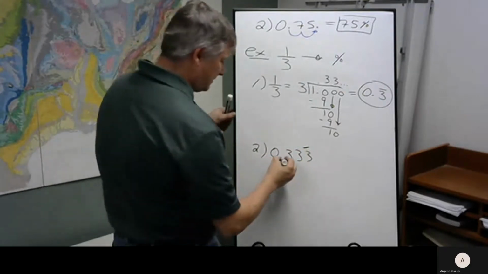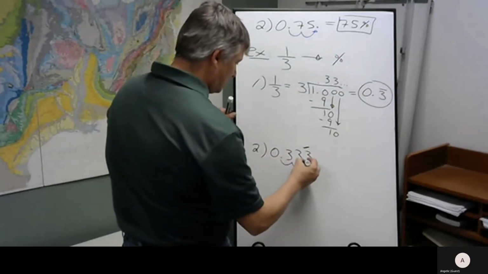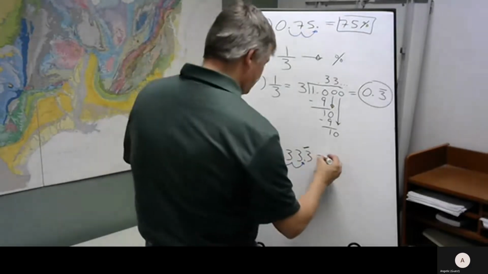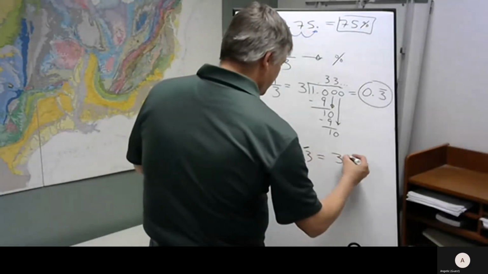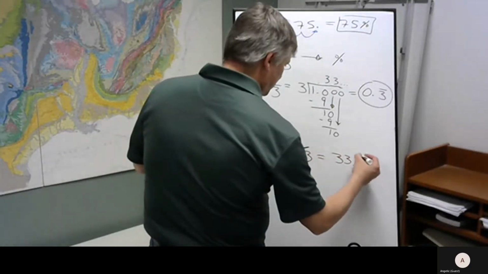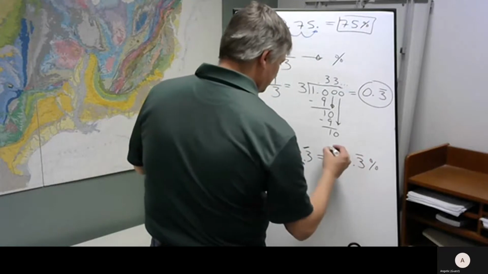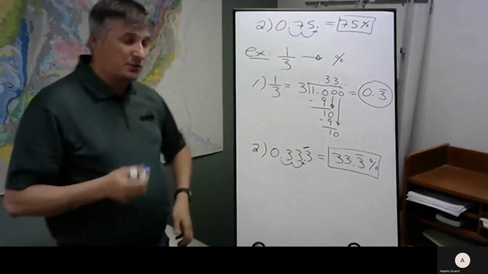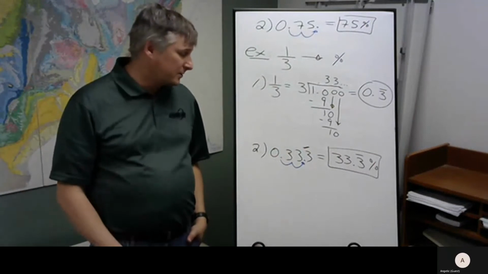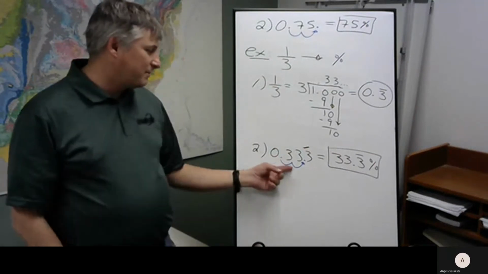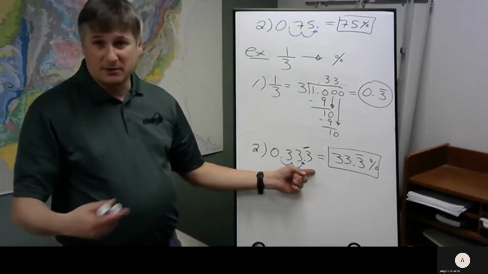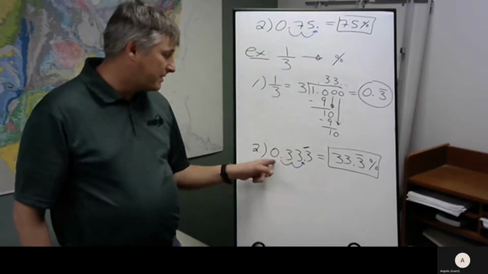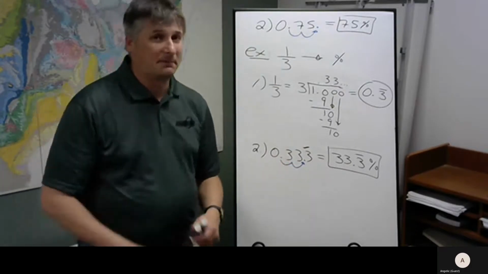So now, if I move my decimal, we get 33.3%. So with repeating decimals, you do want to be careful when you move that decimal point. You want to expand some of these numbers, get some of these digits listed out, and then move your decimal point.